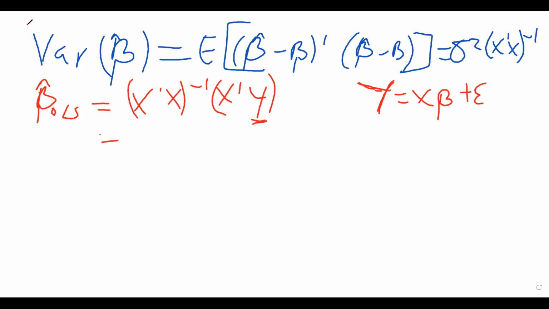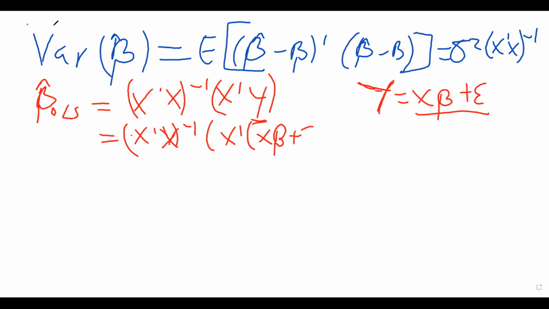So this can be equal to x prime x to the power negative 1, then x prime y, and instead of the y, I'm putting in whatever is here, so that becomes bracket x beta plus epsilon. Ladies and gentlemen, I'm not changing anything. It's just a simple way.